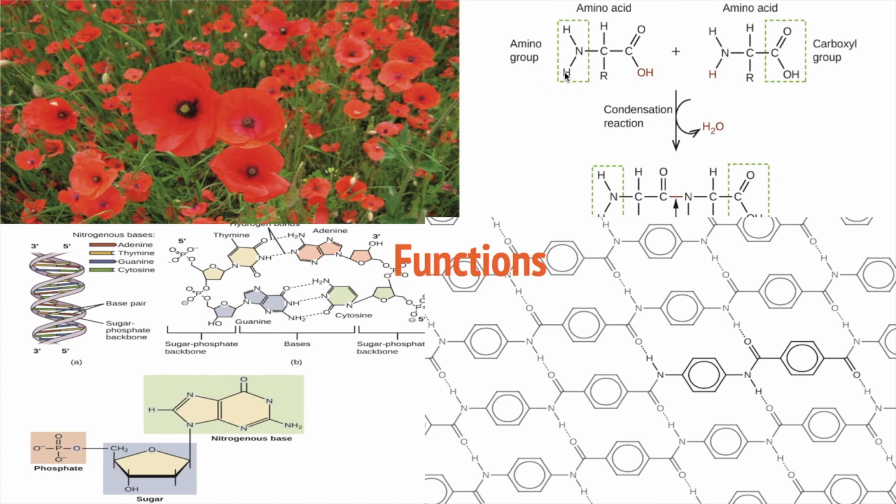So here's the amino group, the carboxylic acid, the hydrogen, and the carbon chain. Proteins have many different functions, and they're dependent on the arrangement of the R chain right here.